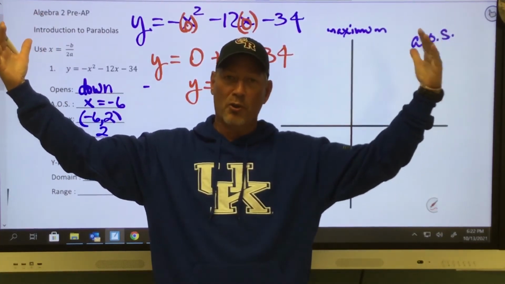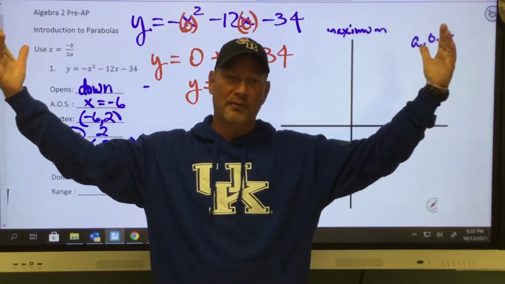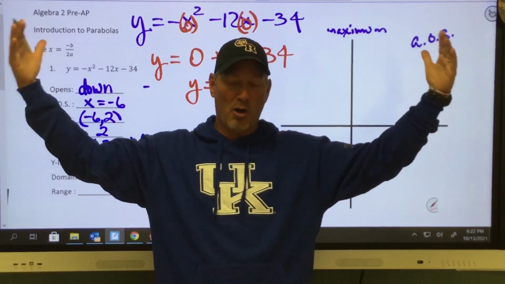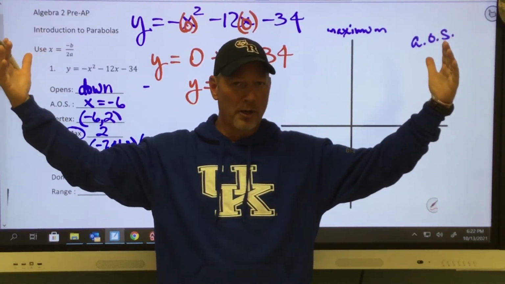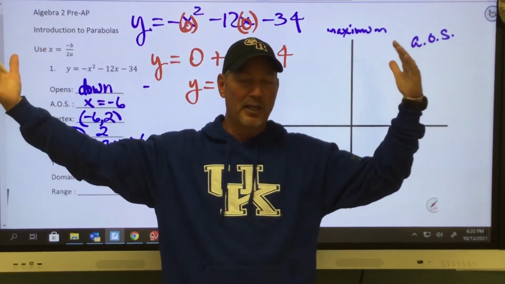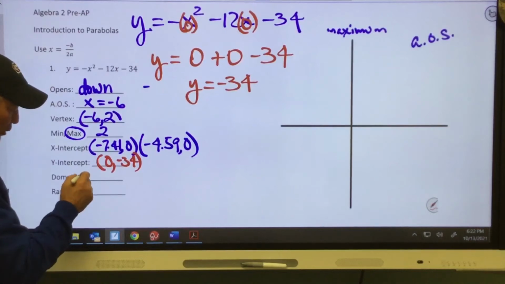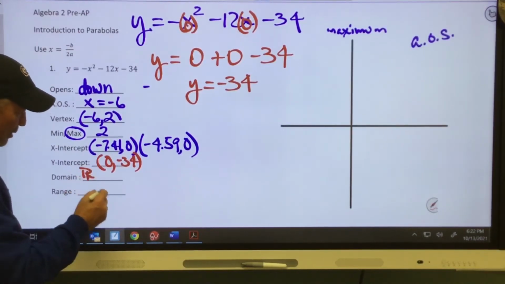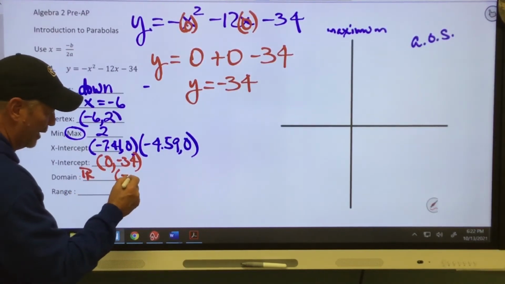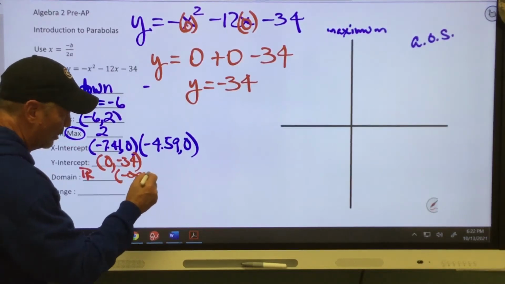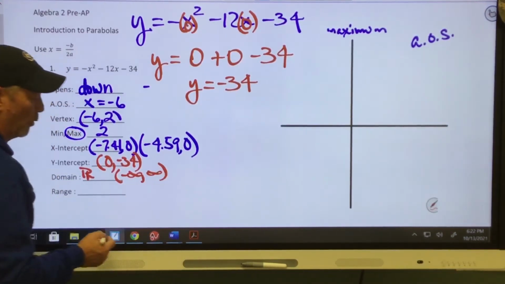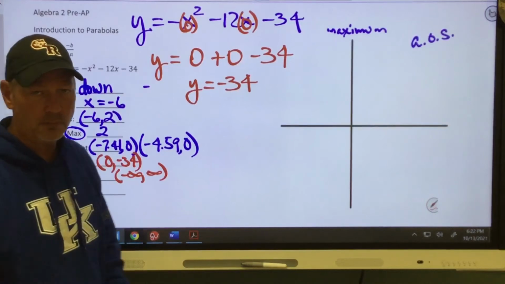We're still going to go all the way to the right to positive infinity. My domain will always be all real numbers or negative infinity to positive infinity. So my domain, you could tell me it is all real numbers. I would prefer you tell me it is negative infinity to positive infinity. We're going to use interval notation.